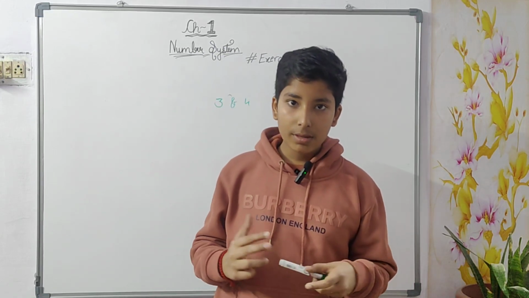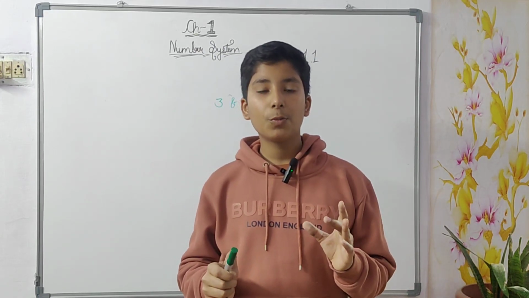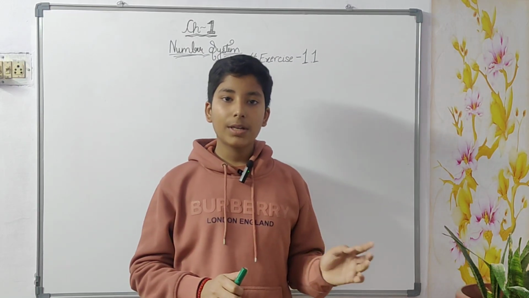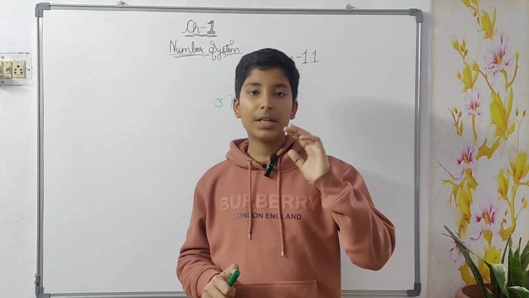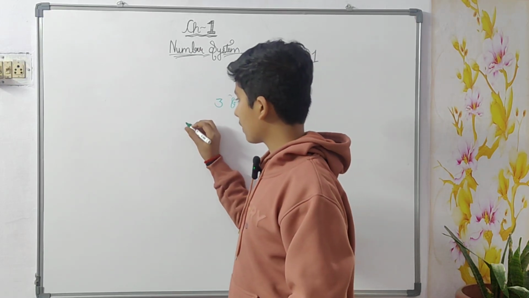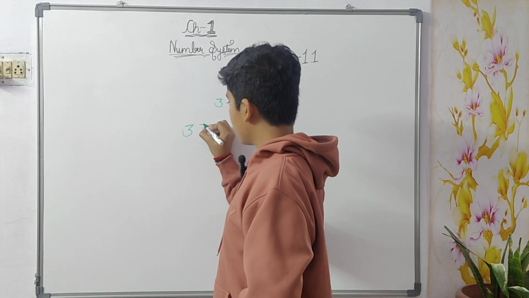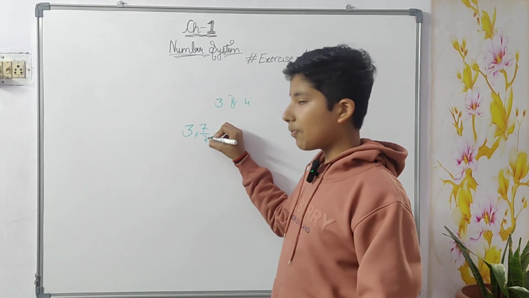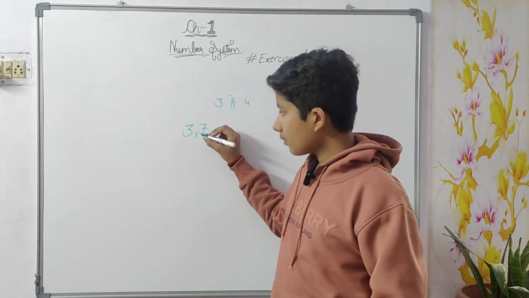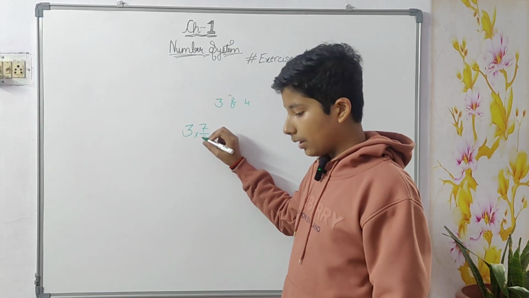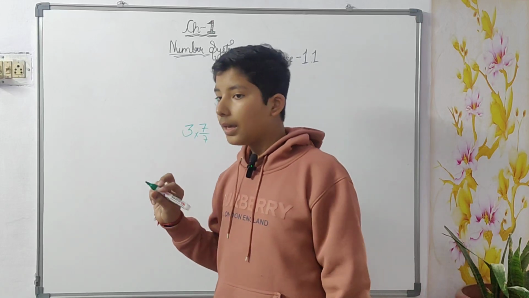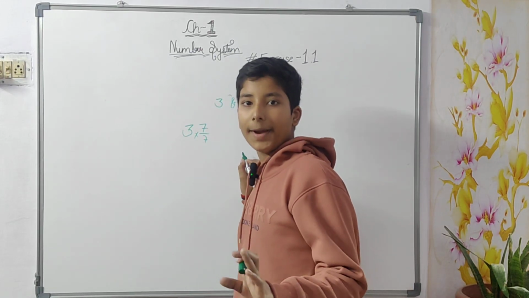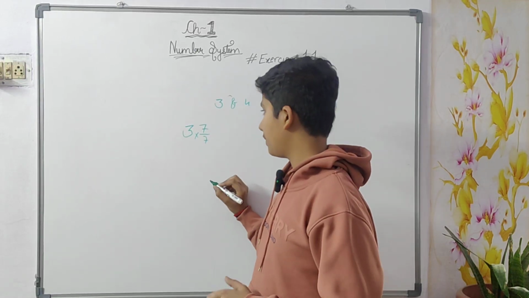So if you want to find 6 rational numbers, then you have to multiply by increasing 1. Like if you have to find 6, we will multiply both of them by 7 upon 7. Because if you simplify it, it will be 3 into 1, because 7 by 7 is 1 and 3 into 1 is 3. So there will be no change. But to find out the numbers, we have to do this.